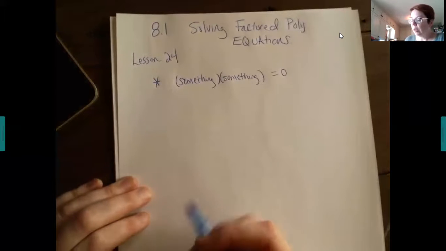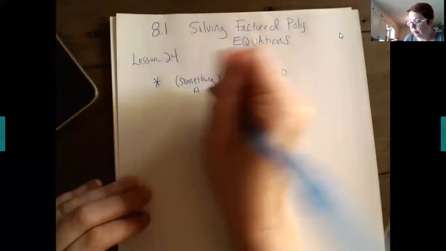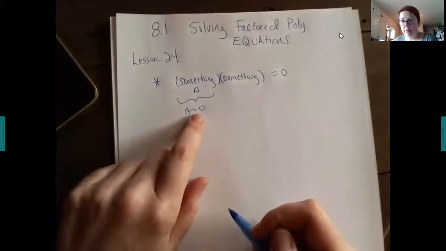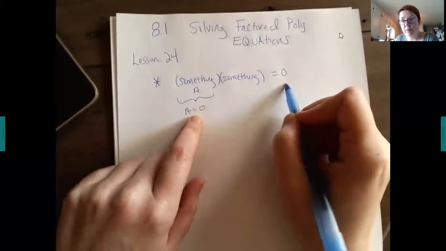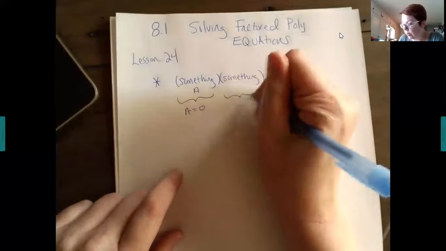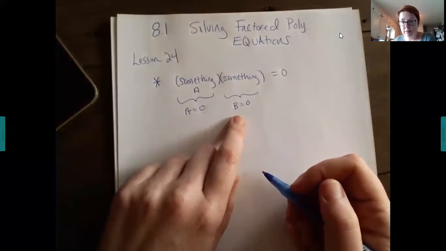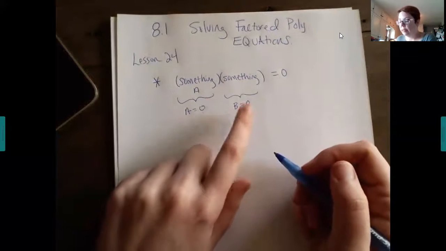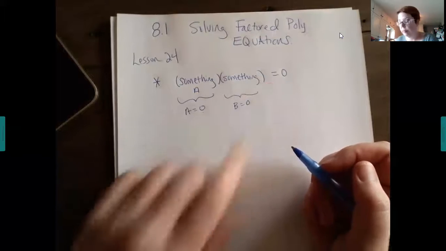If we call this A, and if A equals 0, then 0 times this, well, that's going to equal 0, right? If we call this B, and this now is equal to 0, and we take this times this something, we still get 0 as our answer, right?